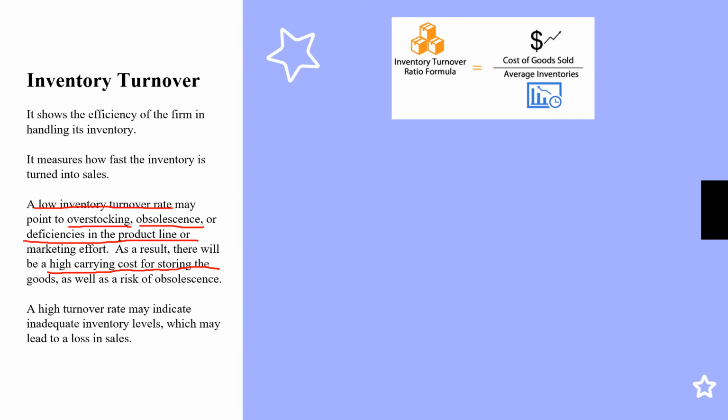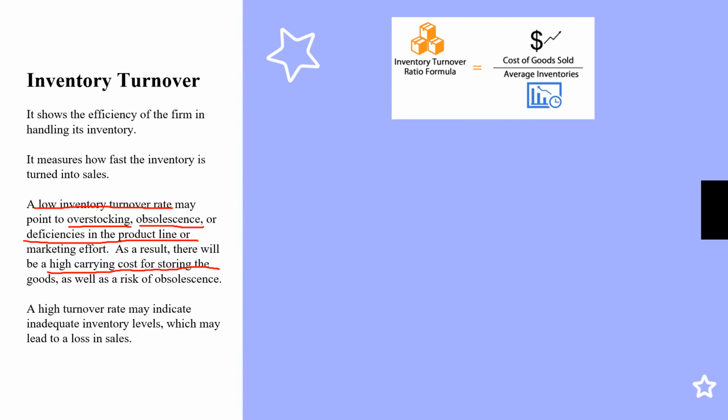So, mas nakakapag-incur tayo ng high carrying cost kapag meron tayong mga overstocks, meron tayong mga slow-moving items. As well, nagiging risk to obsolescence din, ano? Lalo na kung yung mga ini-store nating products or goods ay madaling masira, pasira na, or inaanay na, or nabubulok, or napapanis na.